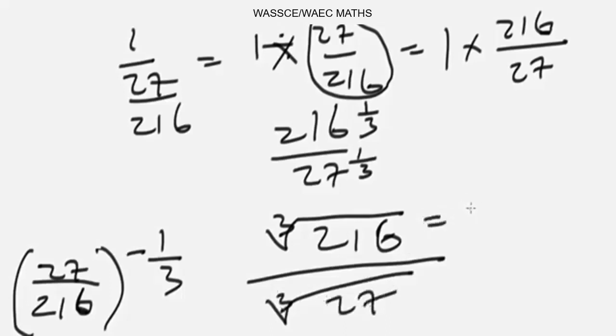The cube root of 216 gives us 6, and the cube root of 27 gives us 3. So 6 over 3 gives us 2. So 2 will be the final answer to this question. It's as simple as that, guys. This is basically how you can deal with problems involving the laws of indices, or powers, and rules of values for algebra.